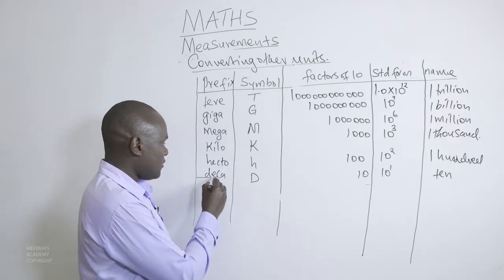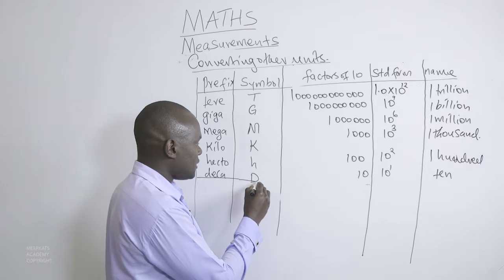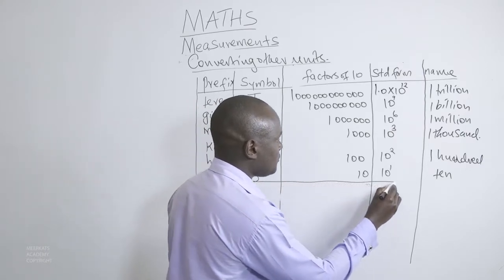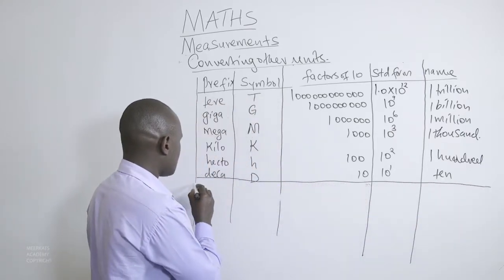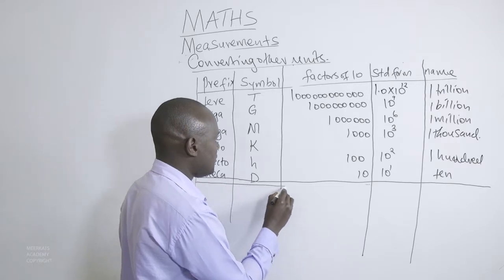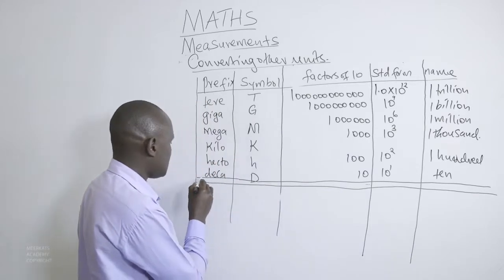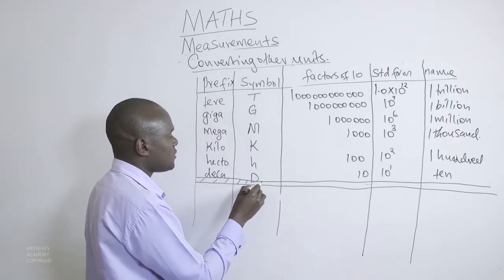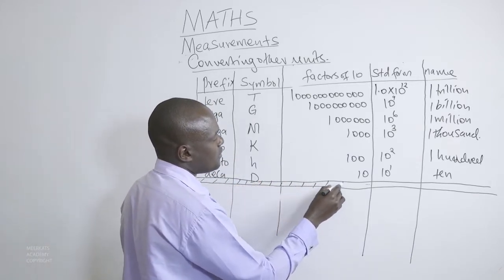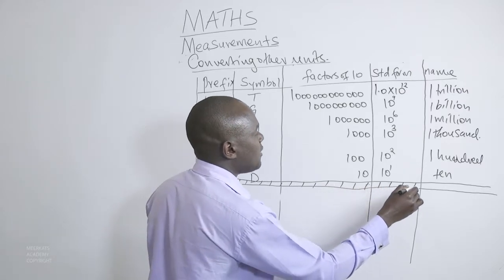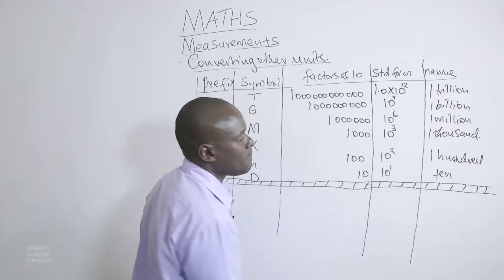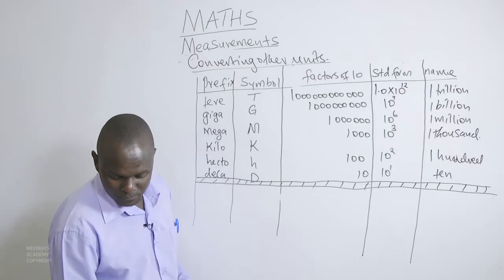So we can have this double line here to indicate that we are through with those large values. We want now to move to smaller ones, to minor values.